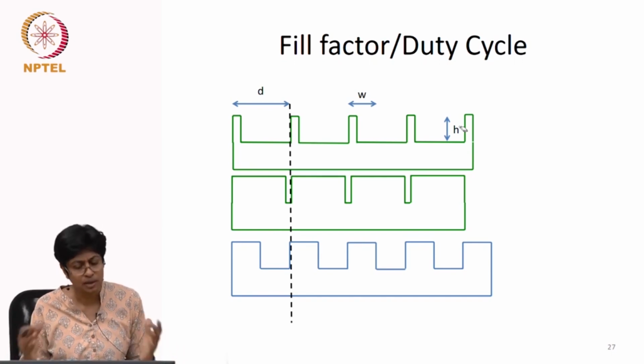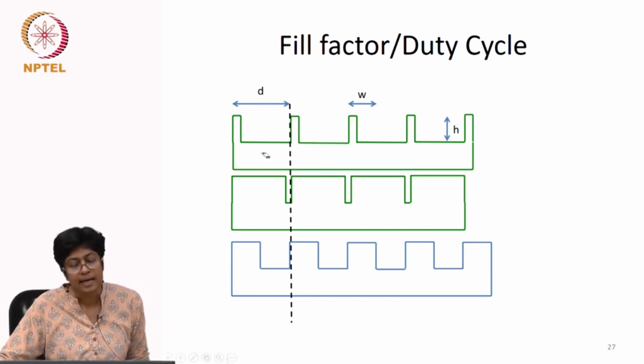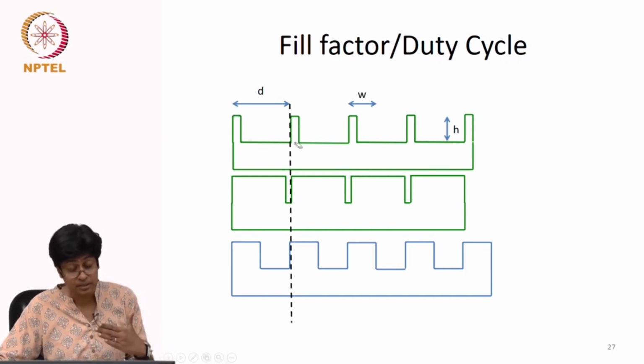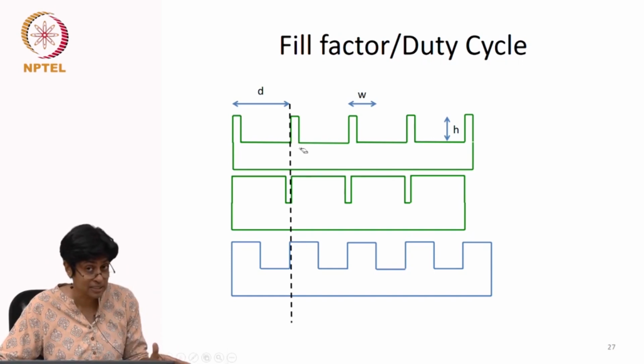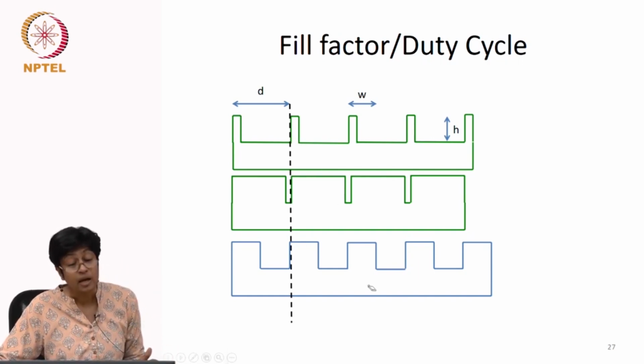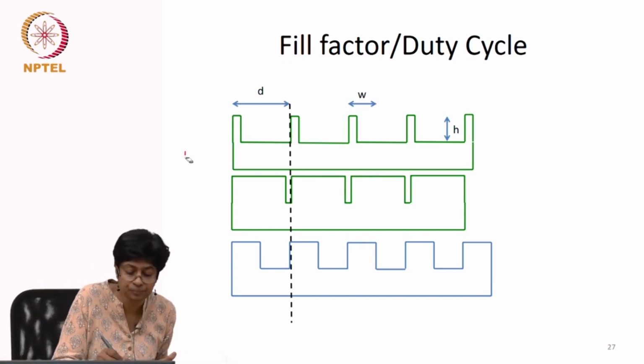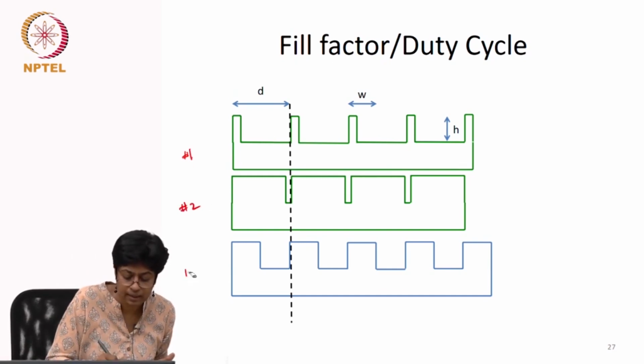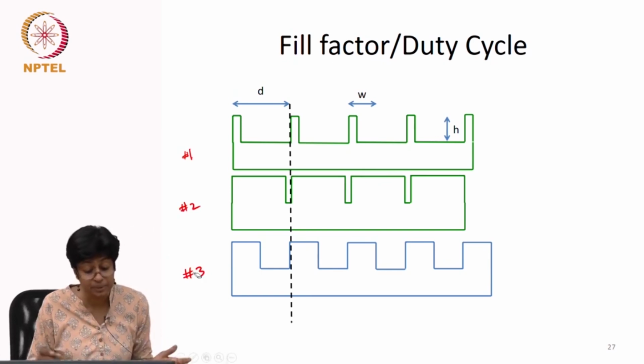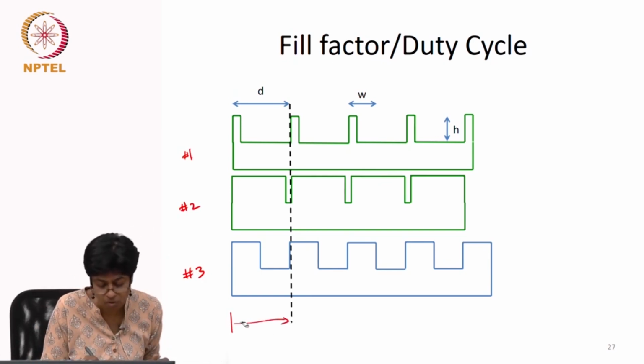Let's say I took a substrate and I fabricated a grating on top, or I took three different substrates of the same material, and in each case I fabricated a grating. They all had the same period. So you can see this grating 1 and number 2 and number 3. In all cases, the period is the same. This is the period in all cases.